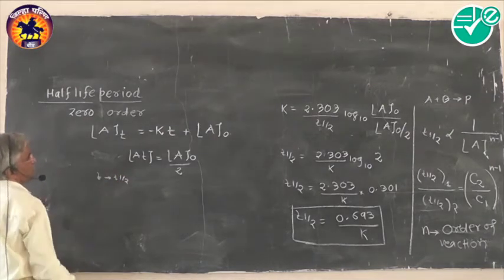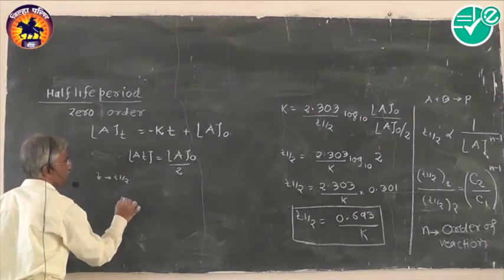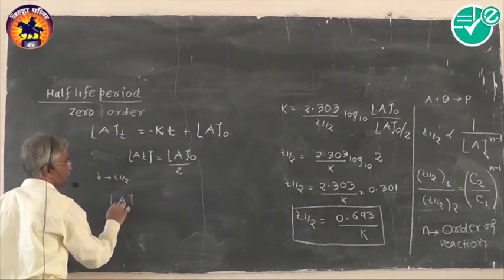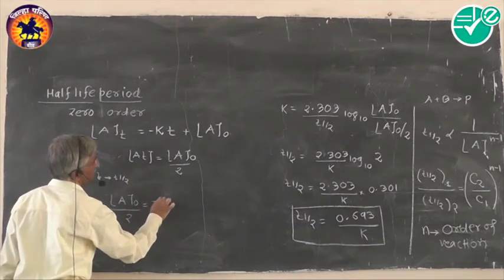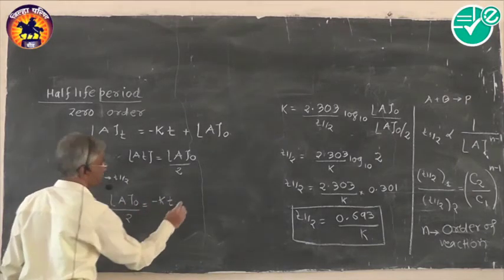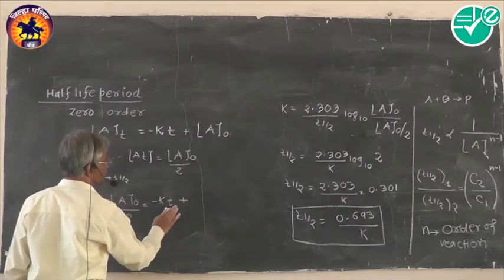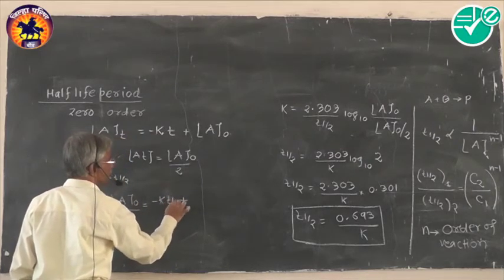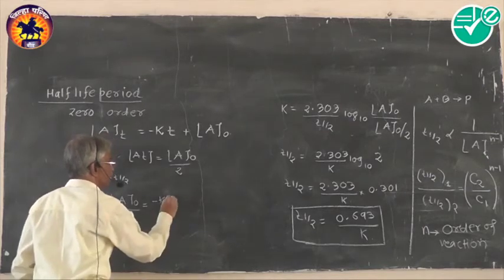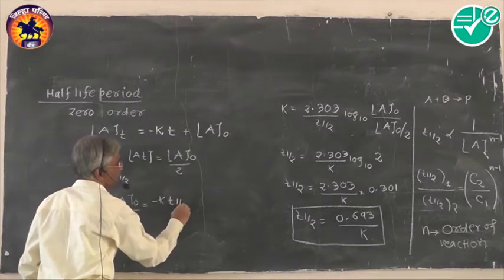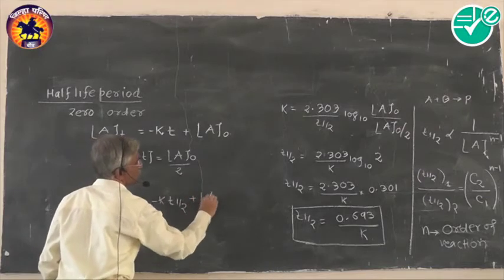Putting this value in the equation, we will have A0 upon 2 equal to minus k into t, where t is represented as t1/2, plus A0.